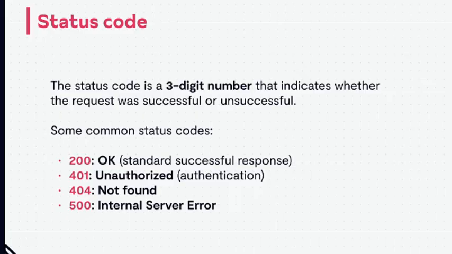The most common status codes are going to be 200, which means OK. This is the standard successful response. It means your API request was executed well, and the application is telling you, congrats, you did a good request. 401, which means unauthorized.